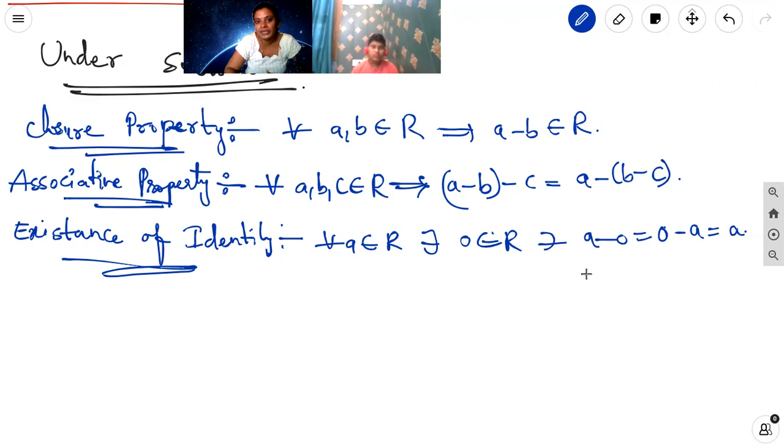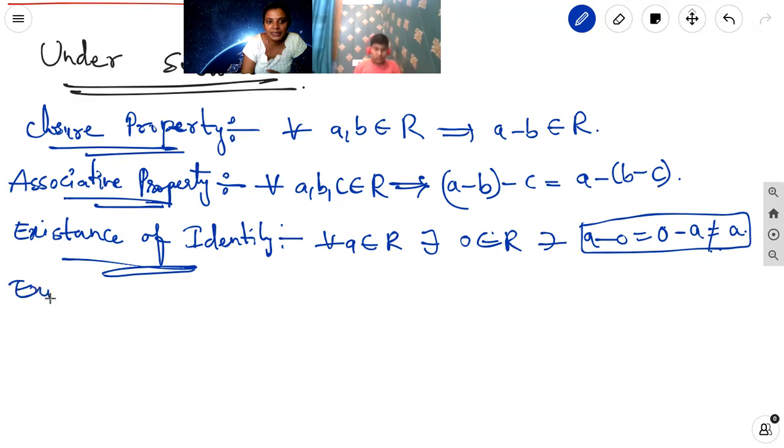But there is never an existence of identity under subtraction. Why? Because here A minus 0 is A, 0 minus A is minus A, but they are never equal.